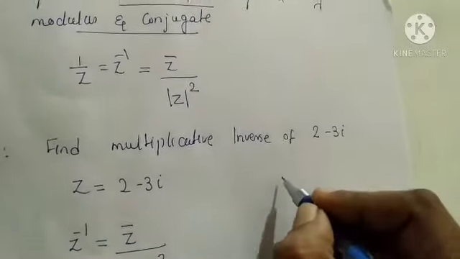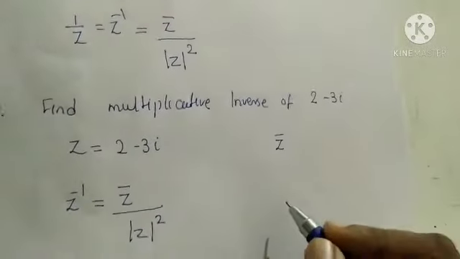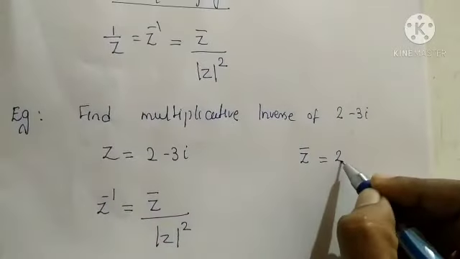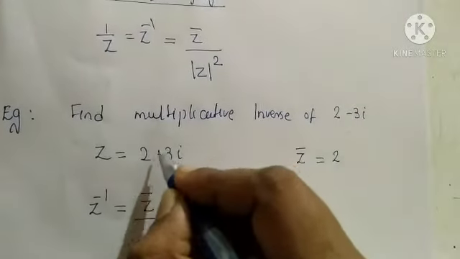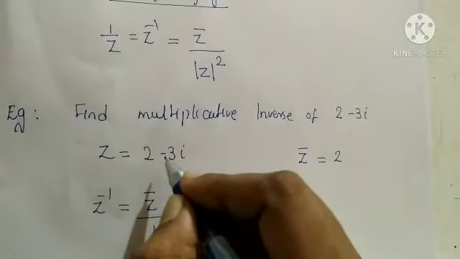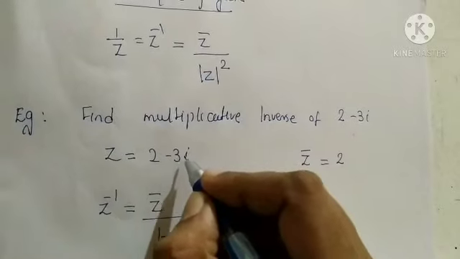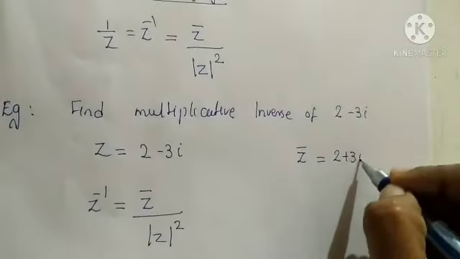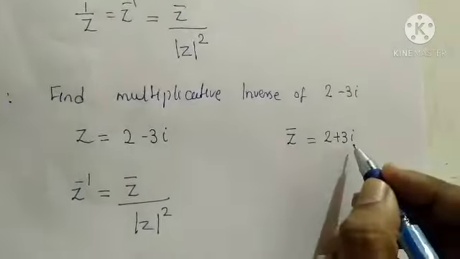So we first need to find the conjugate z bar, which is 2, changing the sign of the imaginary part. Here the imaginary part is minus 3i, so changing the sign means it will become plus 3i. So z bar is equal to 2 plus 3i.